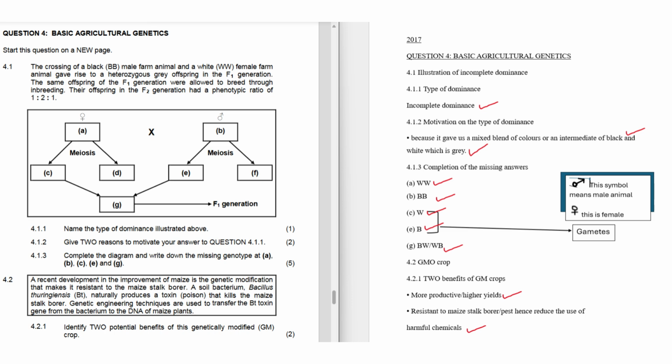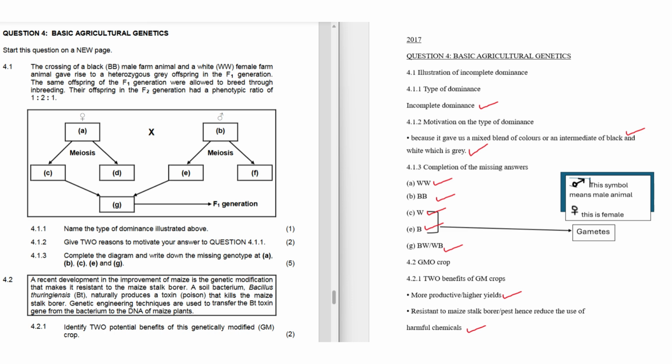We get a mixed blend to form a new color when expressed in the phenotype.